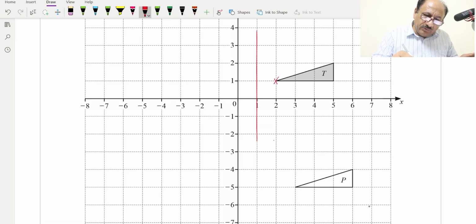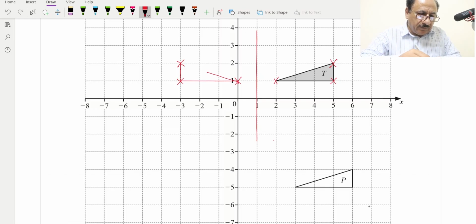will be 1 unit from the red line, so 1 unit over here, and this vertex of the triangle is 1, 2, 3, 4 units from the red line, so 1, 2, 3, 4 units, this mark, and 1 unit above will be this mark, so we can write over here, and we can now draw the triangle, and this will be the reflection of the triangle T. And now we can draw this triangle.